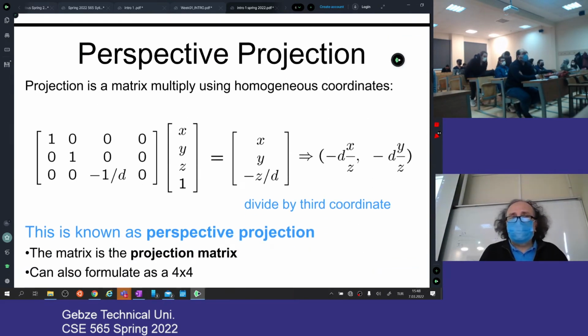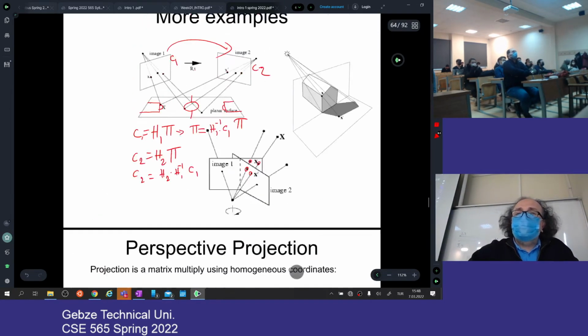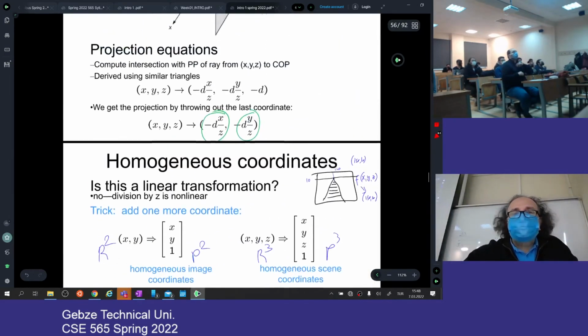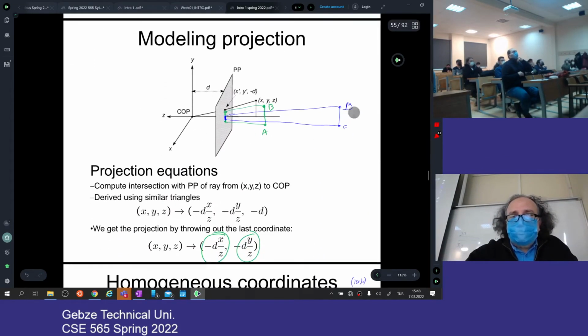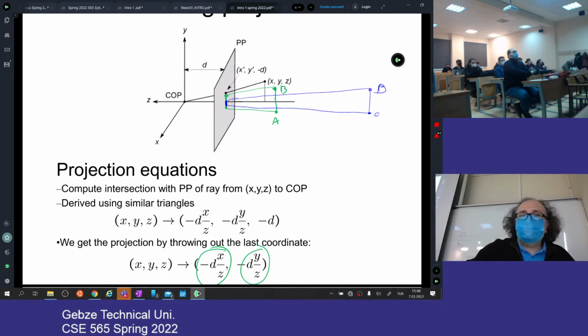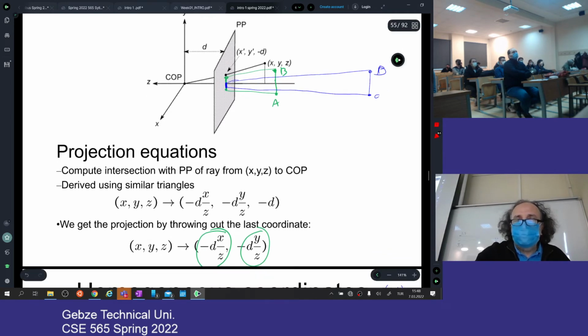So let's go back to this perspective projection again. We were discussing perspective projection previously. Remember this one? We said that this point XYZ, if I wanted to project this on this projection plane or image plane, this is the formula, right?